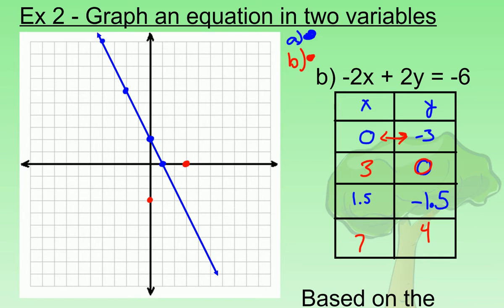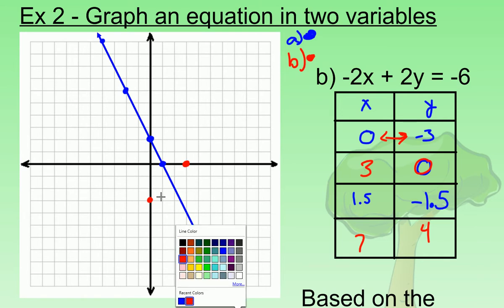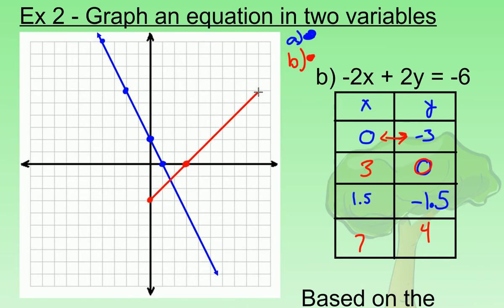And just like before, I could make it red. I'm pretty certain now that my points are going to go through about that line. Something like that. But let's keep going. 1.5, -1.5.